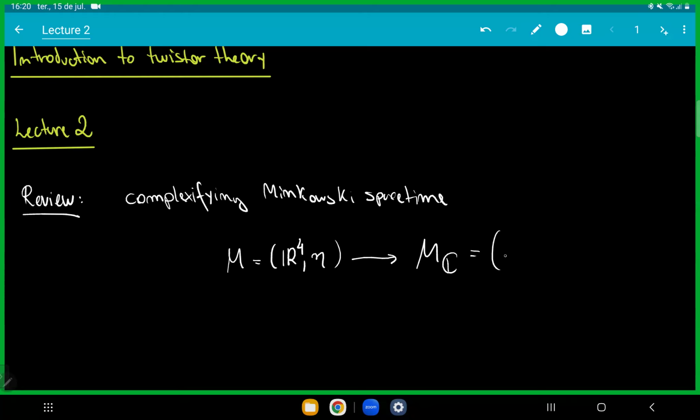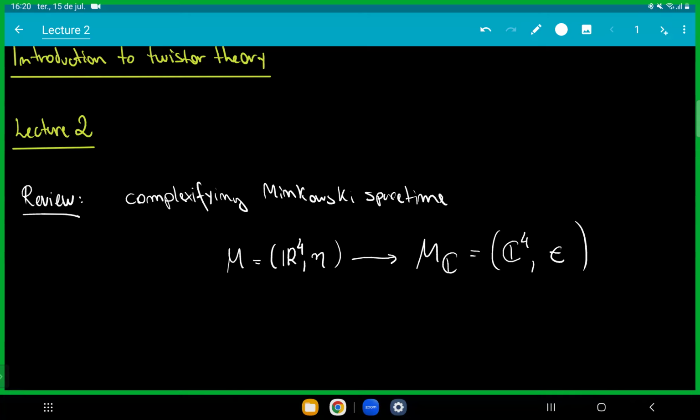So we're effectively working in C4, and now we have some tensor. I'm writing epsilon. This is not too good a notation, just because we define the Levi-Civita tensor as a two-dimensional tensor that raises and lowers indices associated to a two-dimensional complex space.